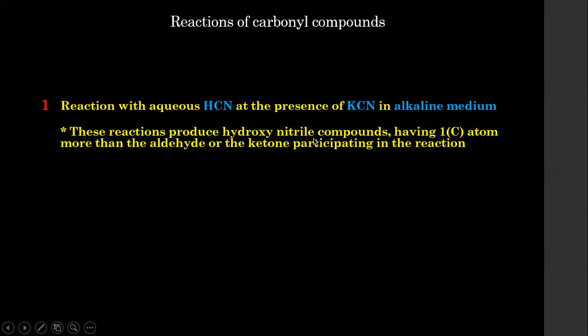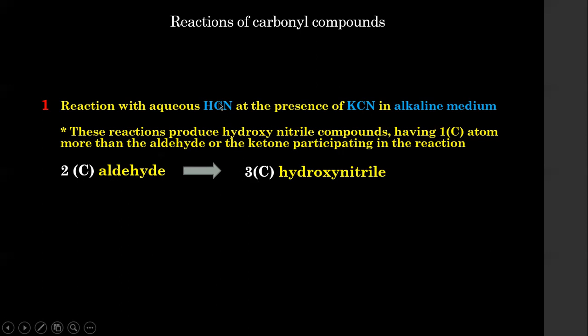The specialty is this: these hydroxynitrile compounds always have one carbon atom more than the aldehyde or the ketone participating in the reaction. To explain this better, if you allow a 2-carbon aldehyde, ethanal, for example, to react with hydrogen cyanide, you are going to get a hydroxynitrile compound having 3 carbon atoms. 2 plus 1 is 3.